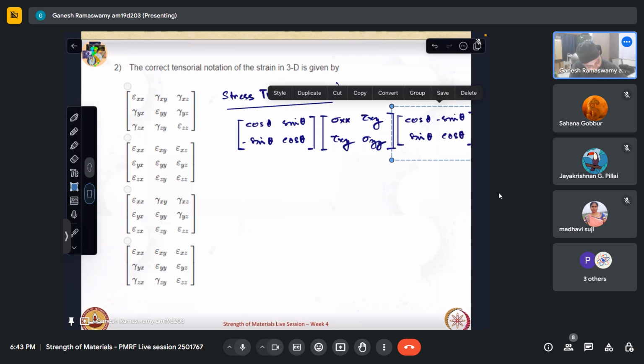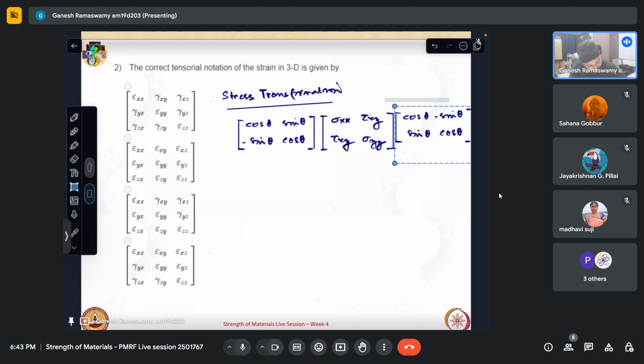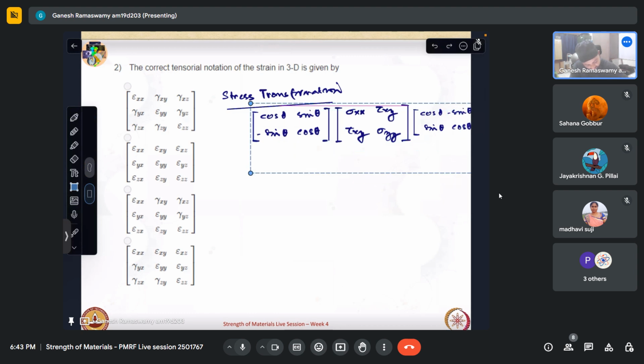So this was what was giving our stress transformation equations. This is how our stress transformation equations were framed.